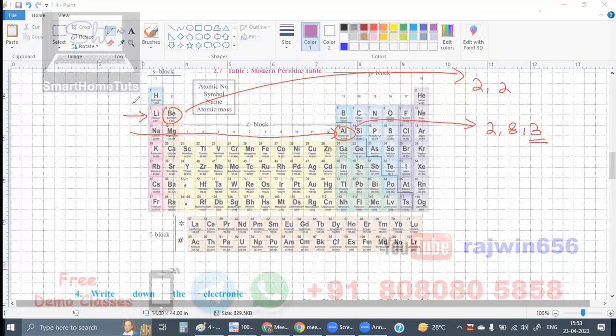But as you are coming down the group, the metallic character is also increasing, so electropositivity will also increase. Beryllium is in the second period, aluminium is in the third period, so it is below beryllium. Therefore, aluminium is more electropositive than the other elements given. Aluminium will be the most electropositive element amongst the group.